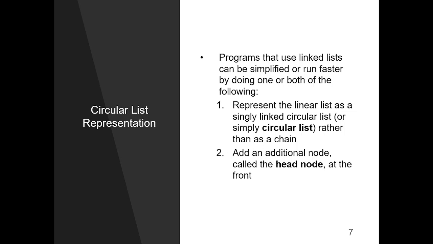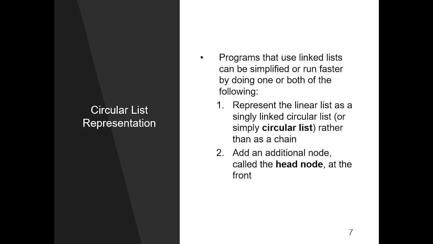The next thing that we want to talk about is the circularly linked list, or the circular list. Now, programs that use linked lists can be simplified, or their performance can be enhanced, if we do the following. If we convert the singly linked list into a circularly linked list, and add an additional node called the head node.